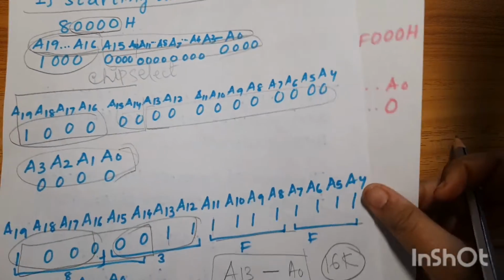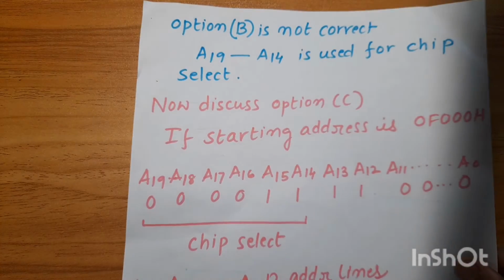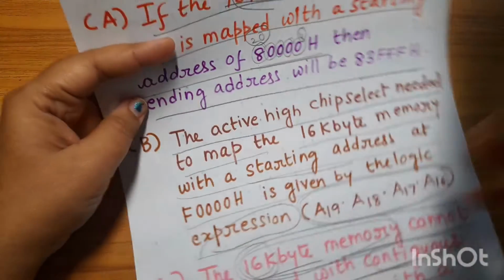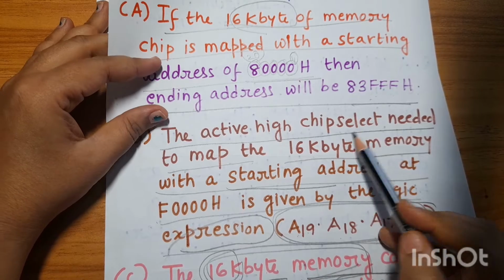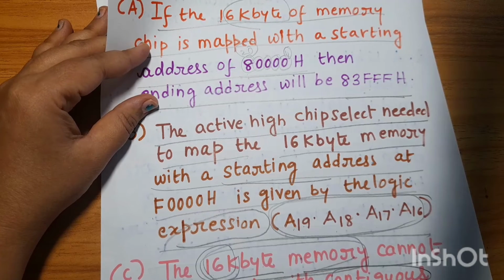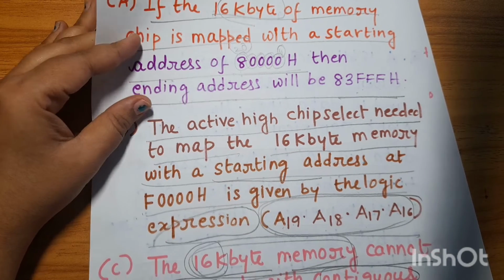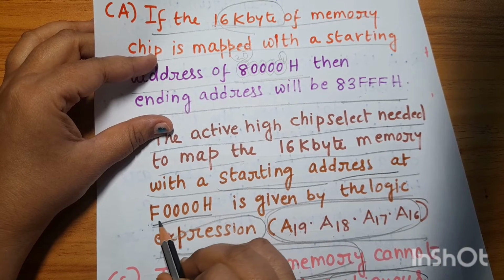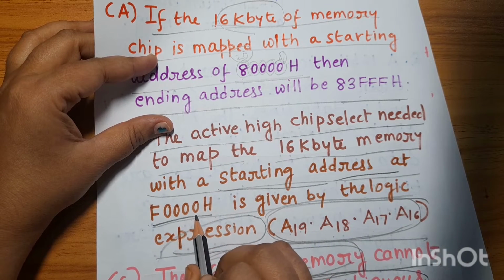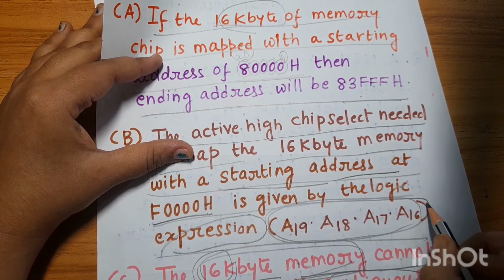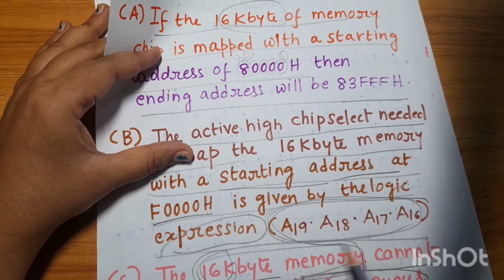Now we will see option B. Option B is saying that the active high chip select needed to map the 16 kilobyte memory with starting address F40H is given by the logic expression of A16 to A19. That is not true.